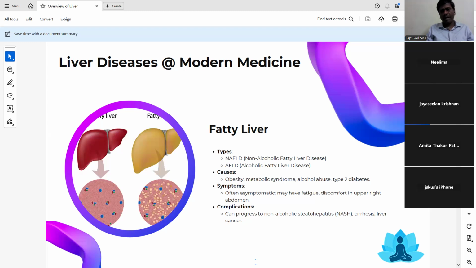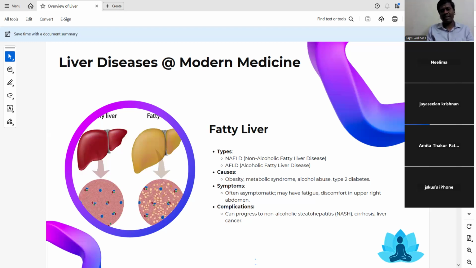In NAFLD, normally what we advise is, first, if the patient is obese, we tell them to reduce weight. BMI should be brought to around 27, 28, if not 25. 25 is the ideal one. If it is more than 30, we ask them to reduce as much as possible.